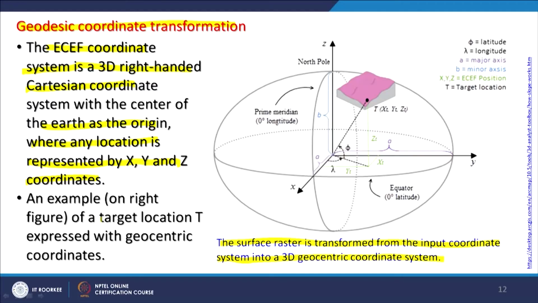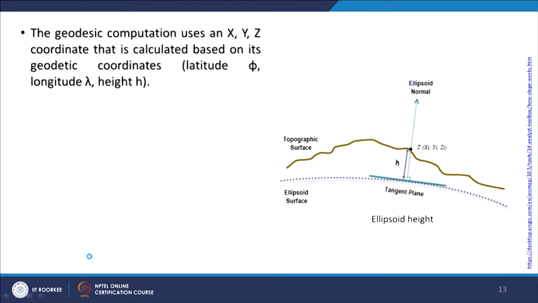In GPS or GNSS you get an estimation of the height, that is why they also follow a similar geodesic Cartesian coordinate system, the 3D ECEF. Like here, for a target location T, shown as x1, y1 and z1, which is expressed in the geocentric coordinate system, you get better results.